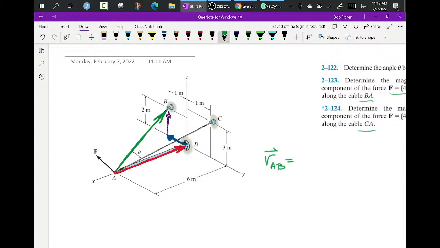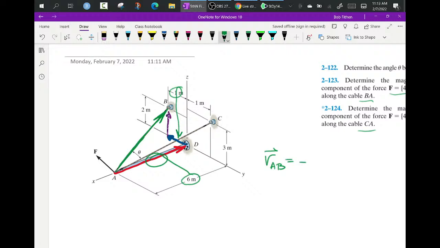It looks like I do 6 here, and then I do 1 right here, but I'm going in the other direction. Let me back up.